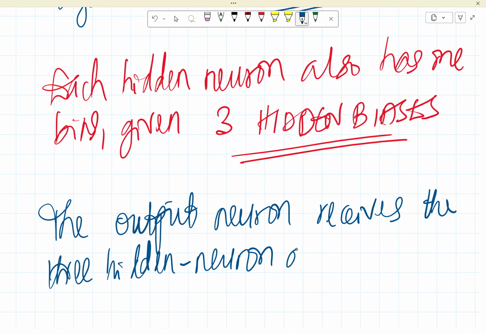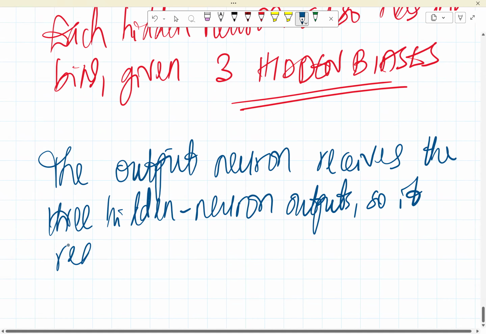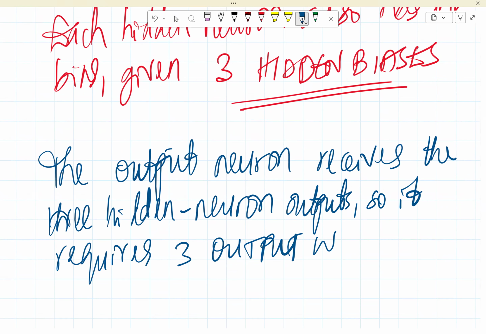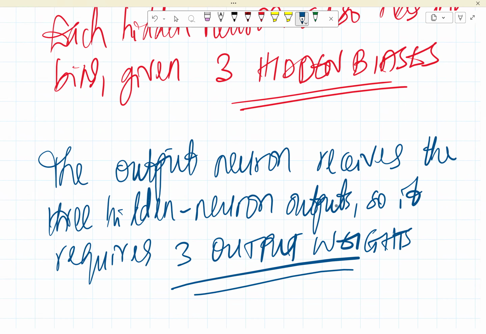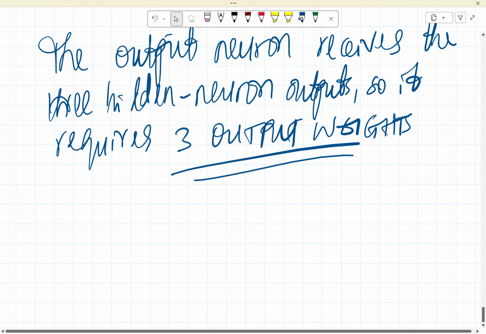Three hidden neuron outputs. So it requires three output weights. Again, we have that.